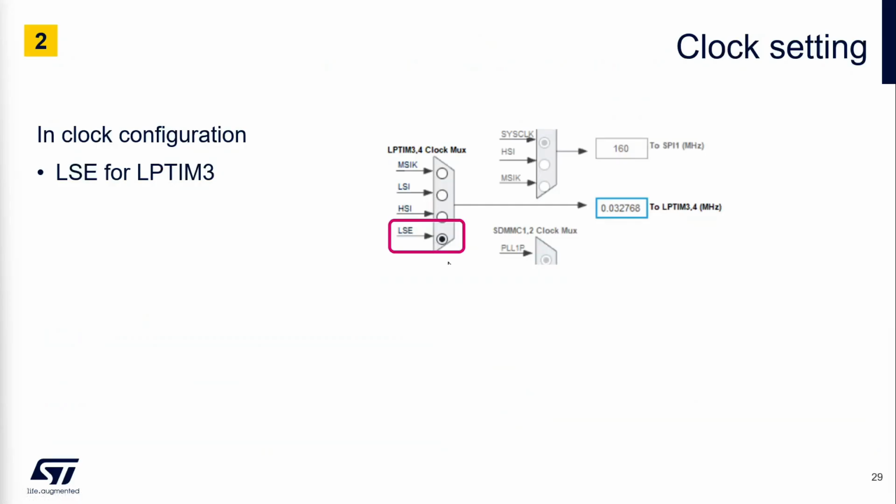And the last hardware change is the clock setting for low power timer 3 to LSE. We are using LSE because at the end we will stop the core and the only oscillator which may be used in stop 2 mode is LSE.